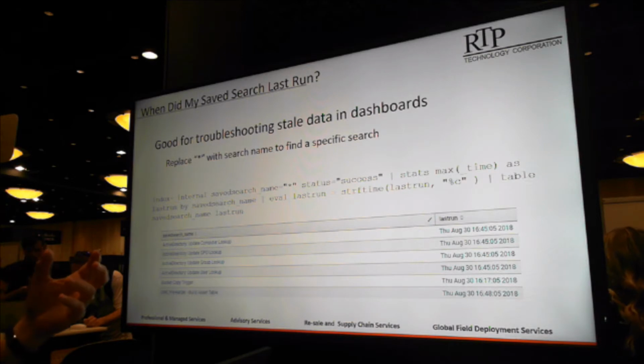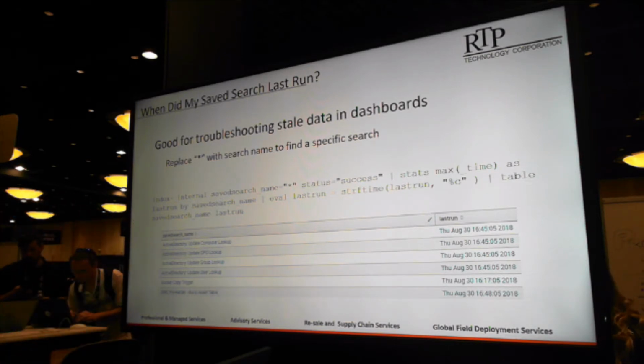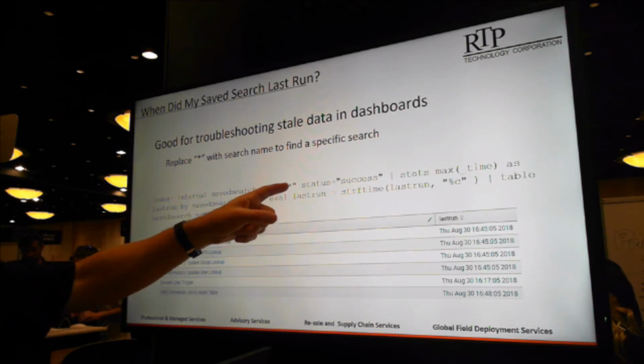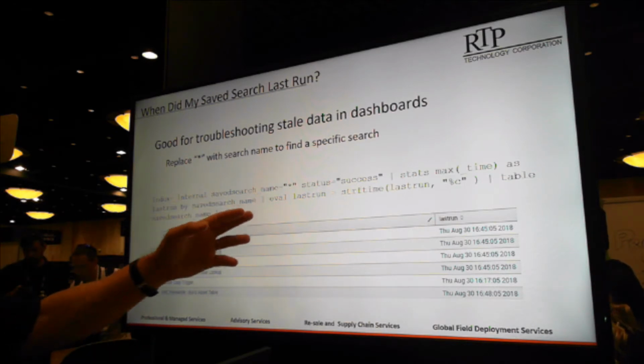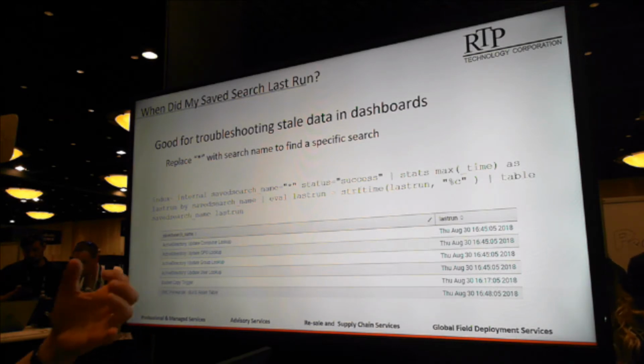Speaking of saved searches, it's very common to want to know, when was the last time my saved search ran? Again, we can go to internal to find out about that. If you look for a saved search name, and in this example, of course, we're looking for all saved searches, but in your usage, you'll want to look for a specific search name.